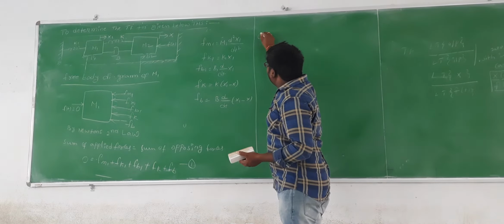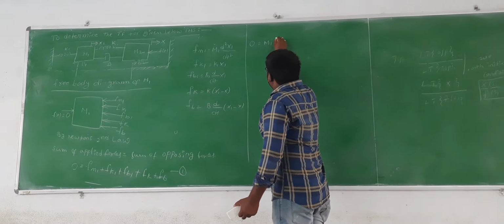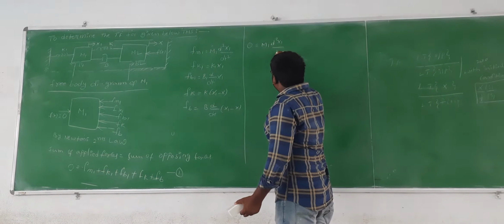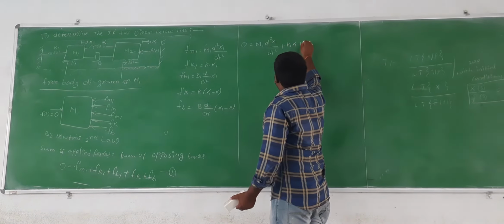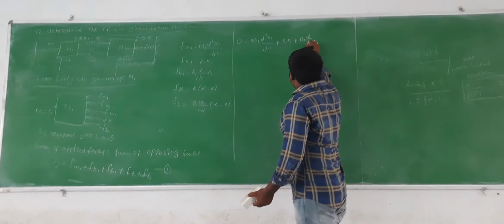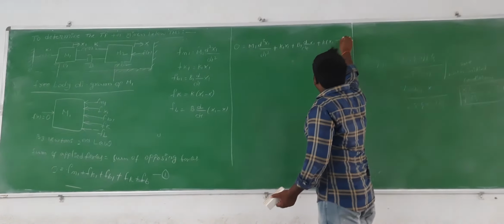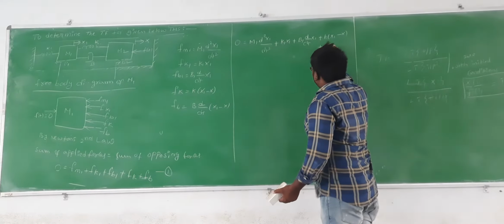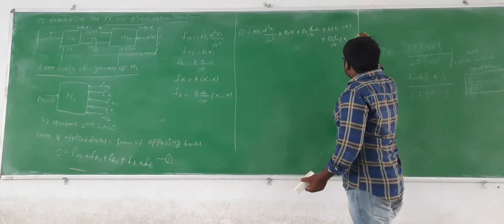Applied force is 0. So m1 d square x1 by dt square plus k1 into x1 plus b1 into d by dt of x1 plus k into x1 minus x plus b into d by dt of x1 minus x equals 0.